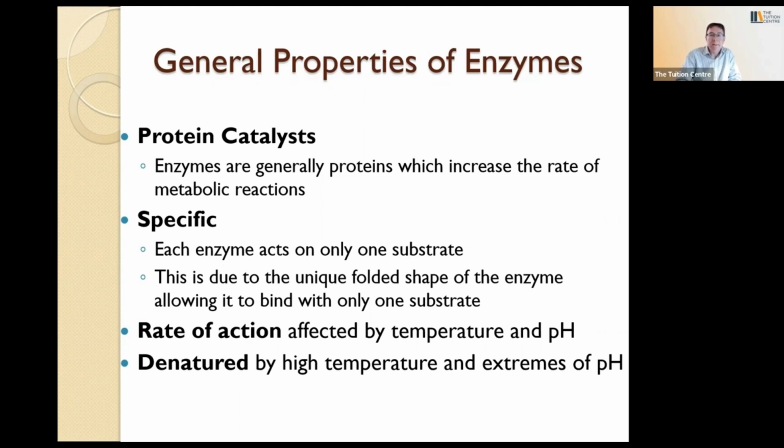So the last thing we'll say about the general properties is that many enzymes, but not all, are detrimentally affected by very high temperatures and by either very high or very low pHs. So very low temperature doesn't denature enzymes, right?